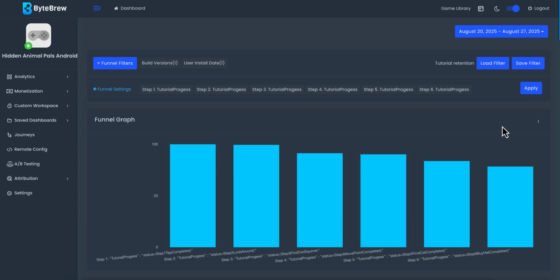I don't think there was anything wrong with this, I just think that the accumulation of all these different elements of onboarding, where the user has to go through these steps, looking around, tapping the object, walking, moving from one place to another, and then ultimately buying an object, all of these things added up, and it can be overwhelming.